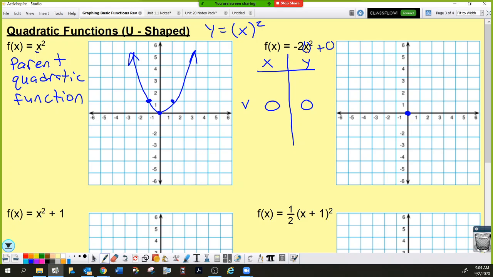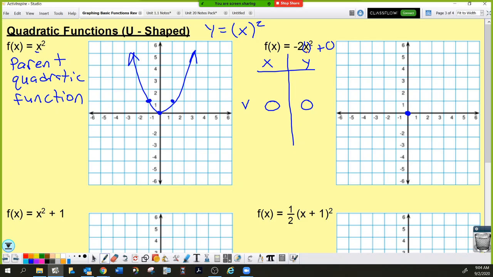Just like the absolute value graph, you look to the number in front. If there is a fraction in front, that is going to control how far you move to get no decimals. But negative 2, the way it sits, is not a fraction. So since it's not a fraction, I can just instantly go 1 to the right, because that's easy to do.